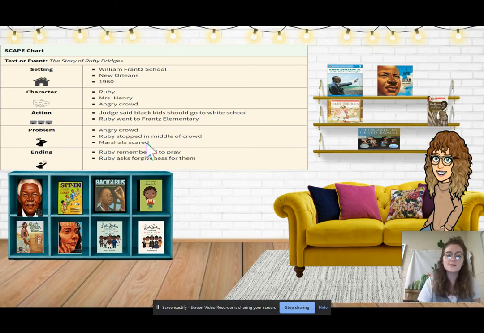The problem in the story was that there was an angry crowd of people that didn't want a black child going to a white-only school. Towards the end, another problem we face is that Ruby stopped in the middle of the crowd to do what? What did she do? She prayed for the angry mob. And the Marshalls were scared. And at the end, we learned that Ruby prays for those people and she asks forgiveness for them.